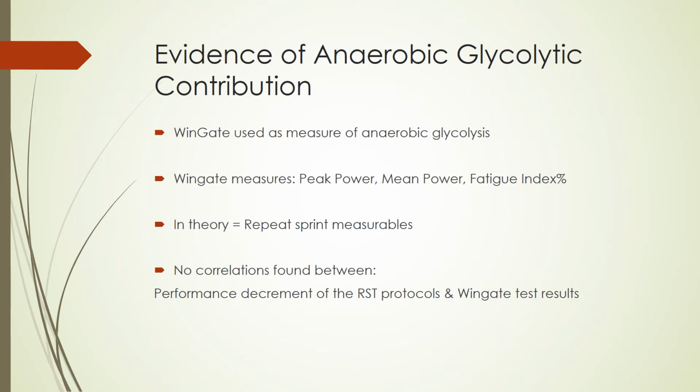So even if the work times and the rest intervals of both testing protocols appear to be bioenergetically similar, fatigue measures will be different, simply because one is measuring local fatigue and the other is measuring more global fatigue.